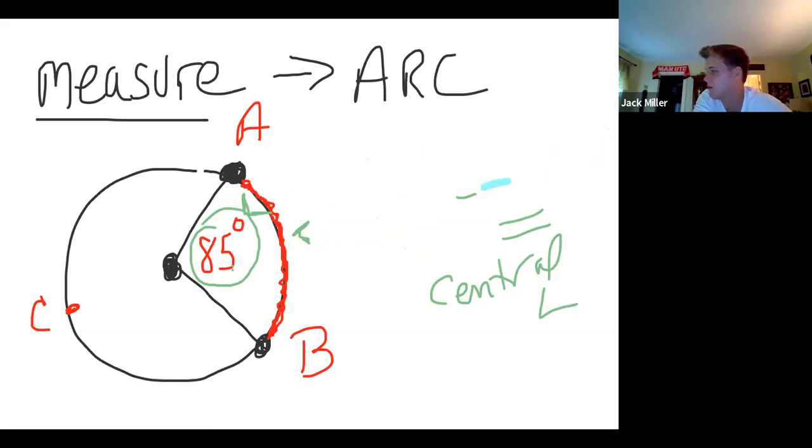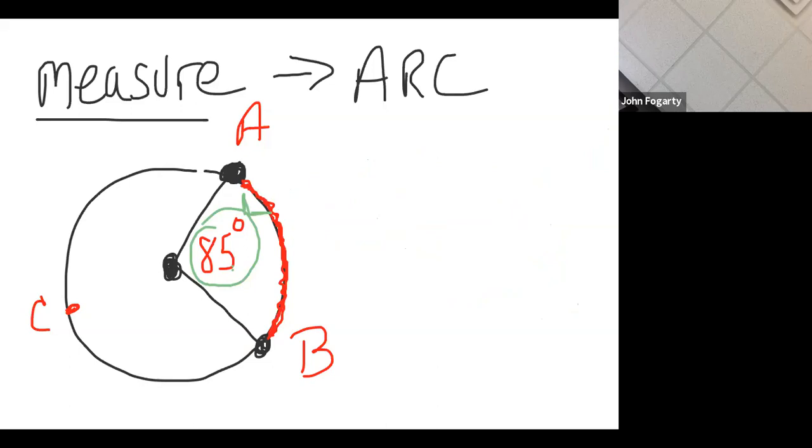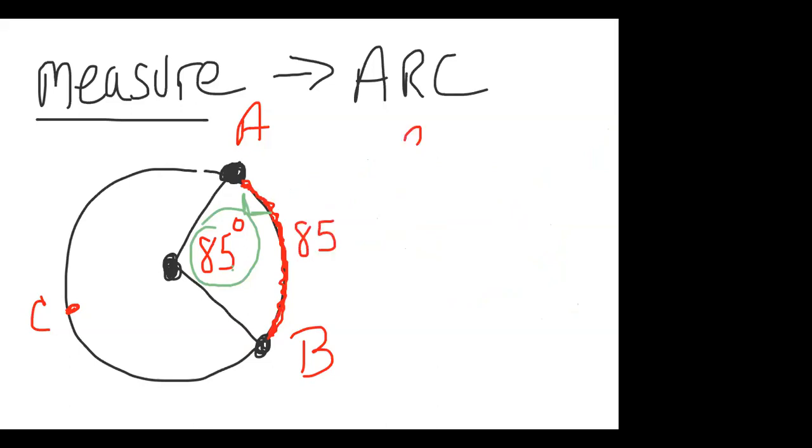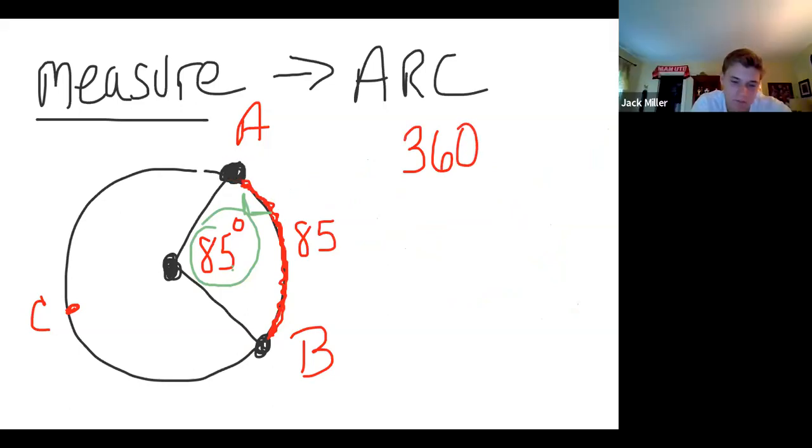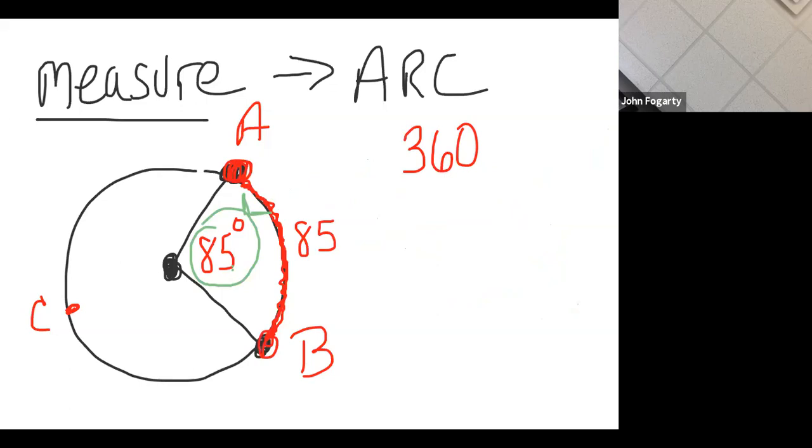How'd you do that? I subtracted 85 from 360. What's a full circle? 360 degrees. Well, I already know this is 85, so I just subtract that from 360.